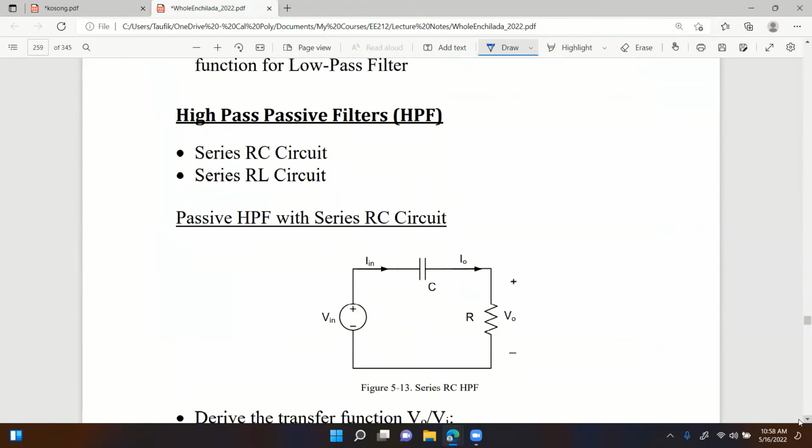So now we are done with low pass passive filters. The next one is high pass passive filters. We just did RC, which looks like this.